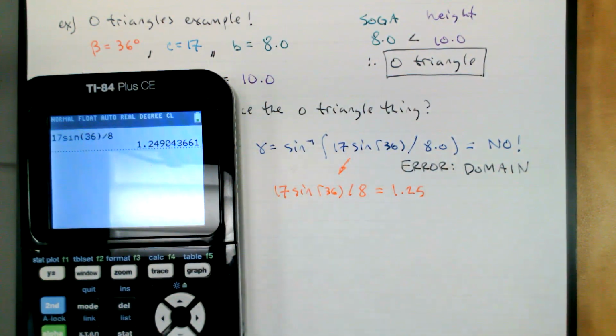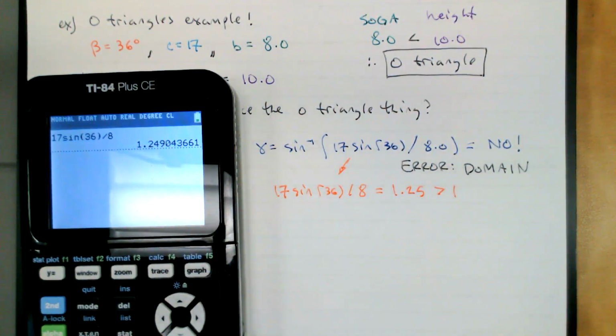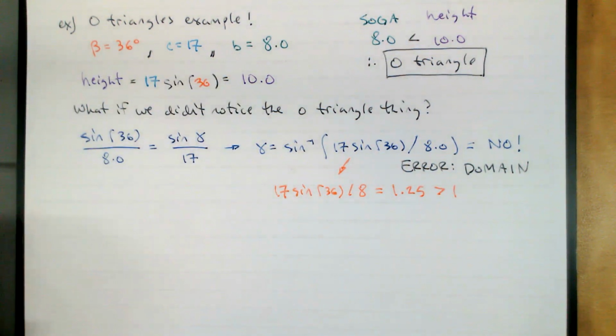The important thing here is that this 1.25 is greater than 1. No angle has a sine greater than 1. We can't have the sine of an angle be greater than 1. That would mean that the opposite is bigger than the hypotenuse, and that can't happen.